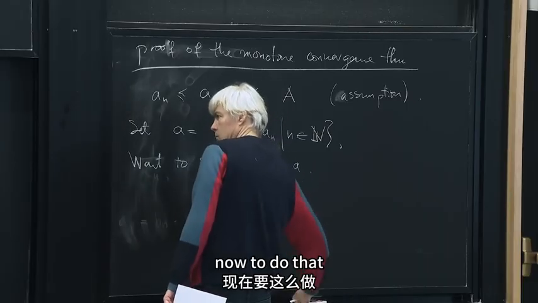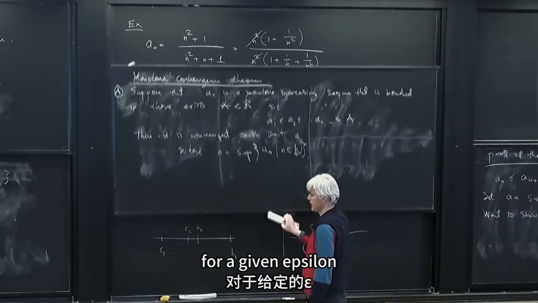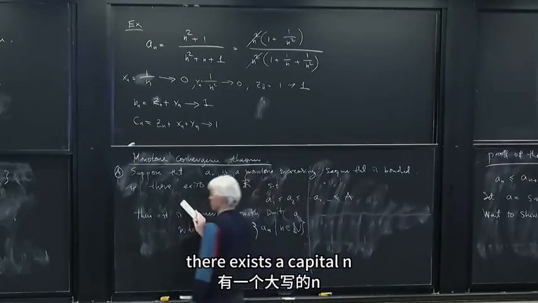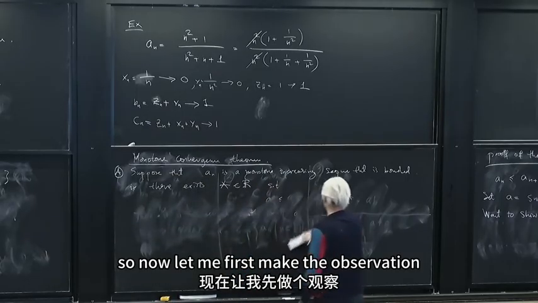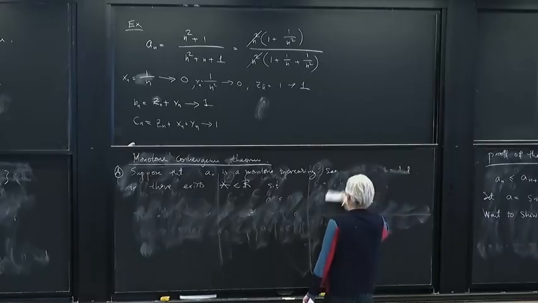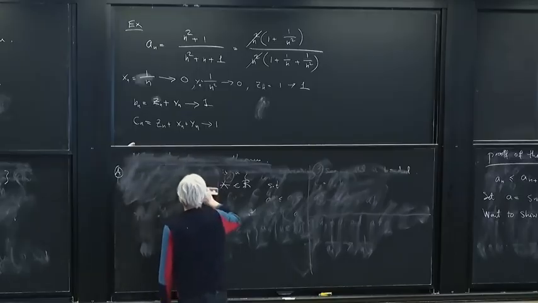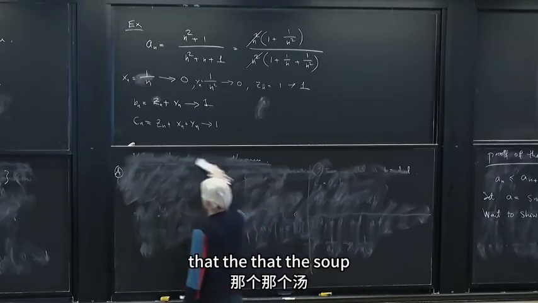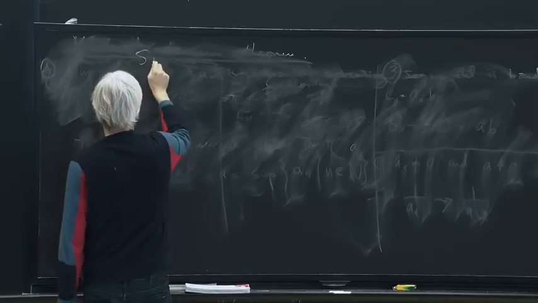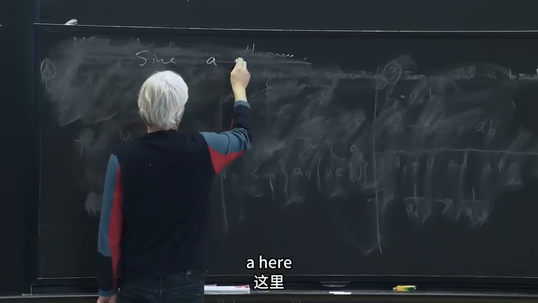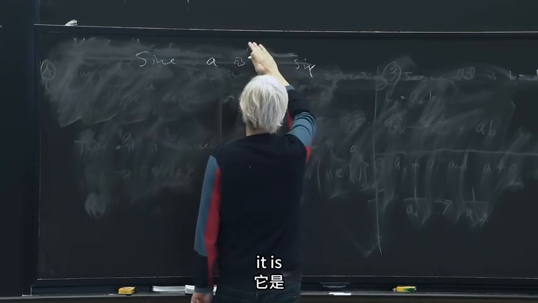Now to do that, what we need is this stuff about, for a given epsilon, there exists a capital N. So now let me first make the observation that A here is the sup.